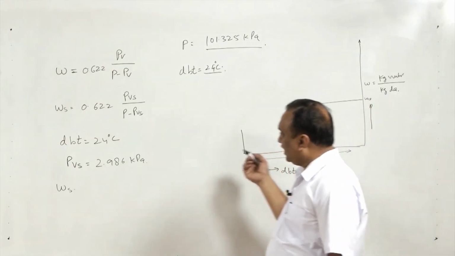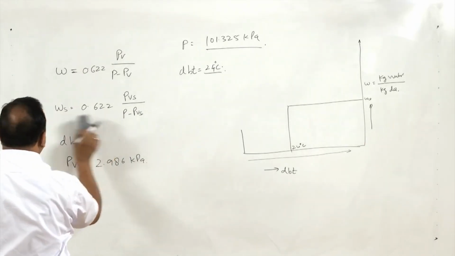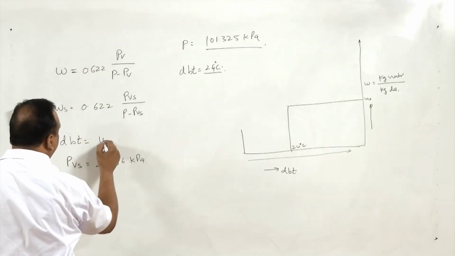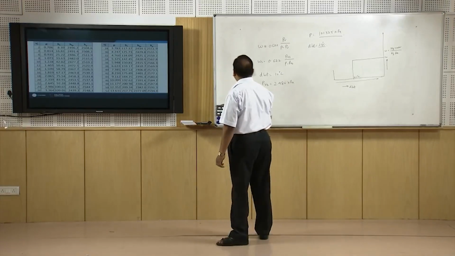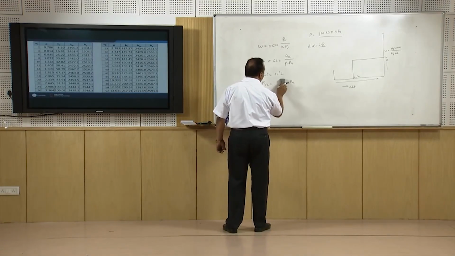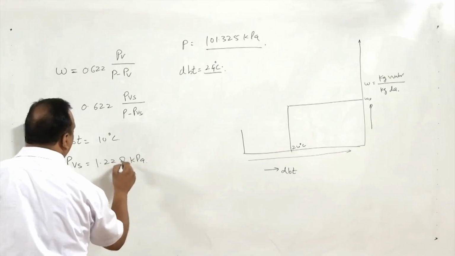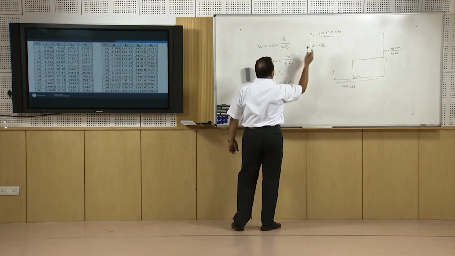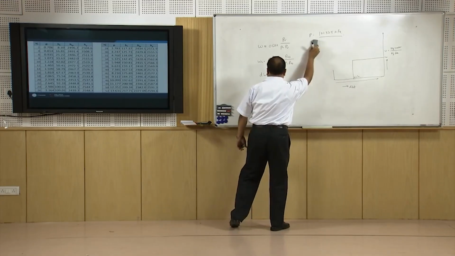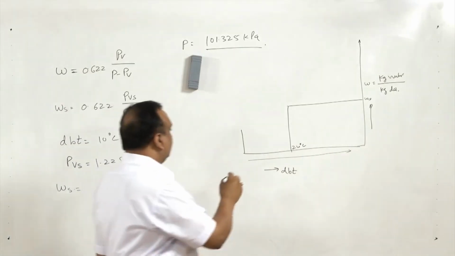Similarly, suppose the dry bulb temperature is 10 degree centigrade instead of 24. At 10 degree centigrade dry bulb temperature, the saturation pressure is 1.228 kilopascal. Again, using this value and the total pressure, we can find the value of omega s at 10 degree centigrade.